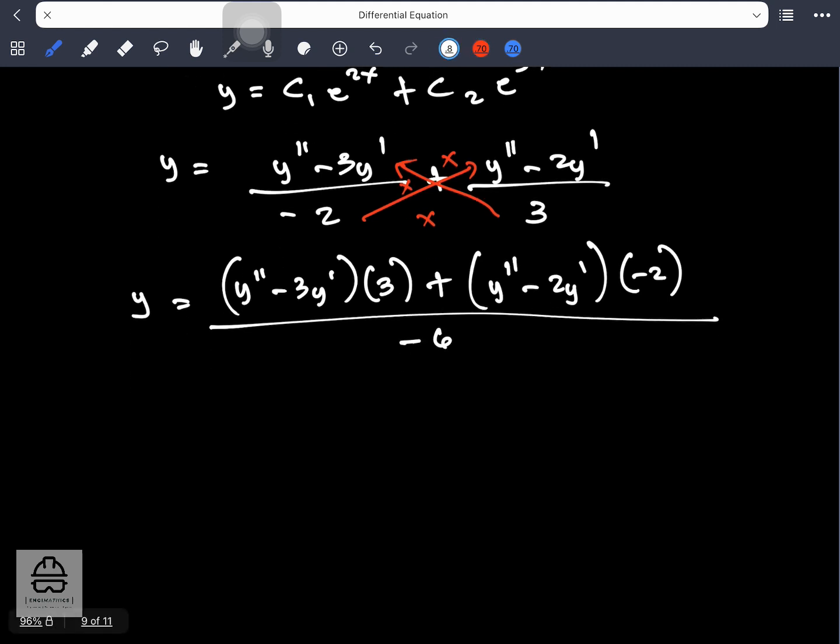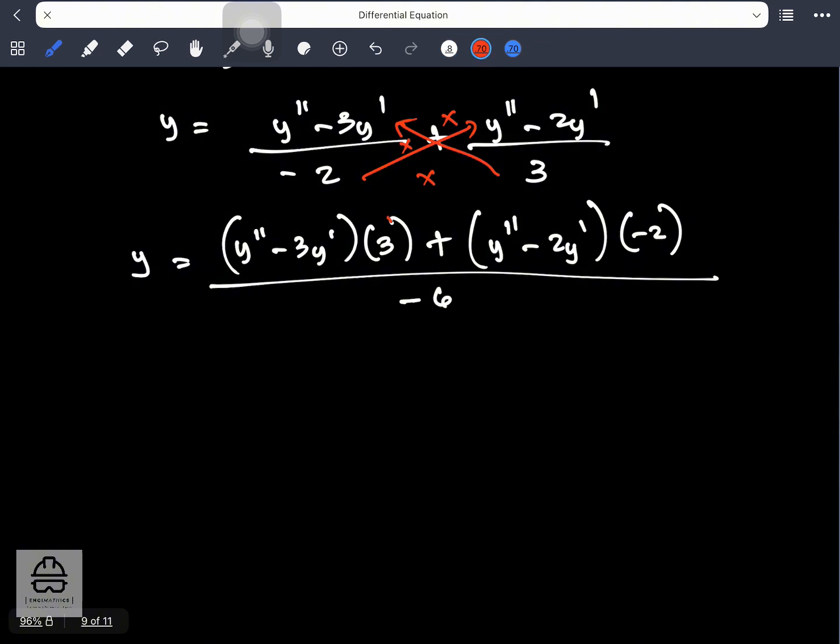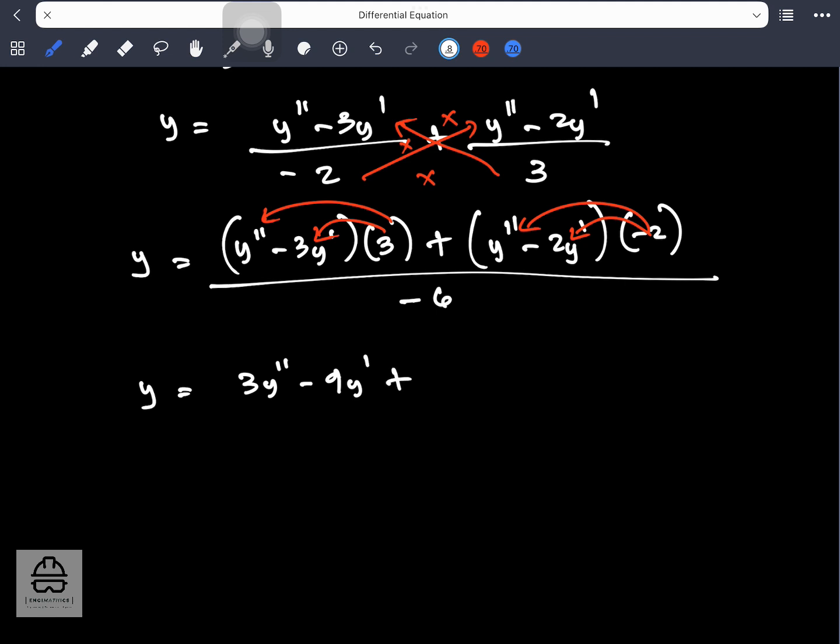Okay, so what we will be doing next is distributing the 3 to the parentheses. Same here, we will distribute the negative 2 inside the parentheses. Okay, that would be y is equal to 3y double prime minus 9y prime plus, okay, that's negative 2y double prime plus 4y prime, divided by negative 6.